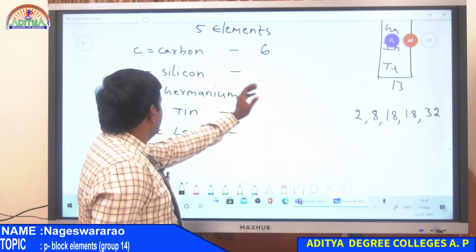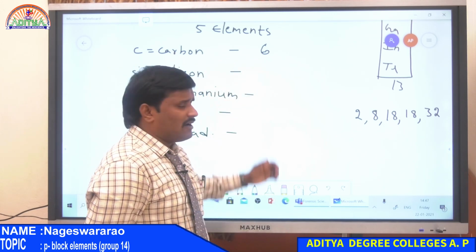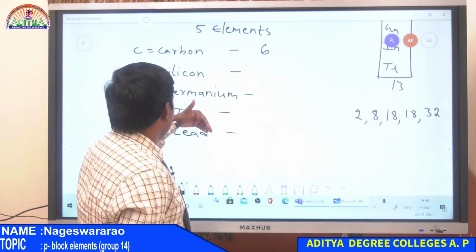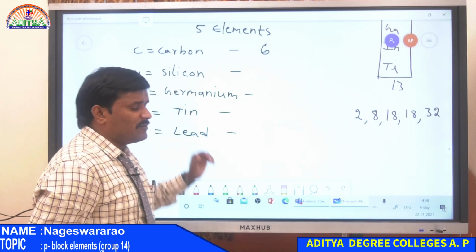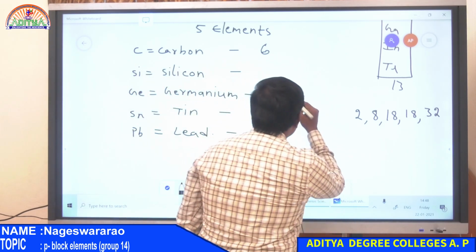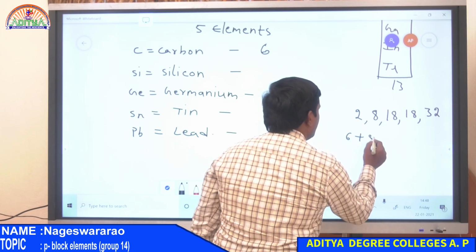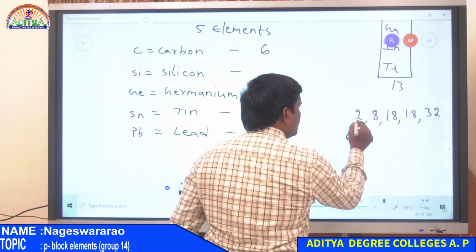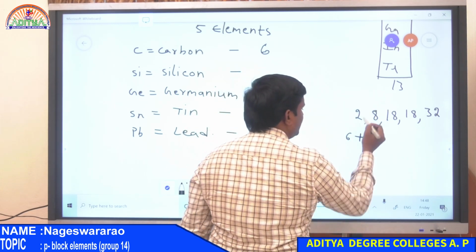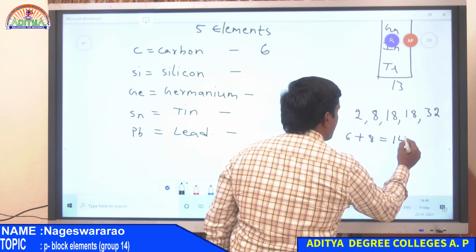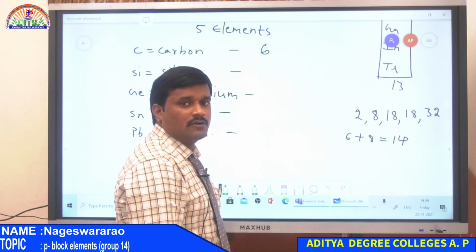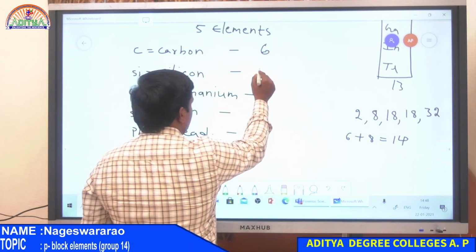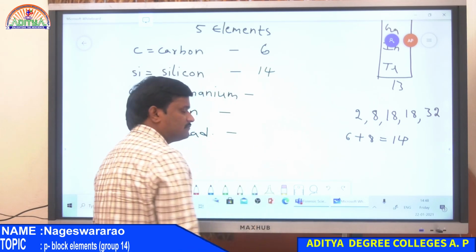Here carbon has atomic number 6, now the next element, silicon, has atomic number 6 plus 8, because 6 is more than 2. Therefore 6 plus 8 equals 14. Therefore the atomic number of silicon is 14.